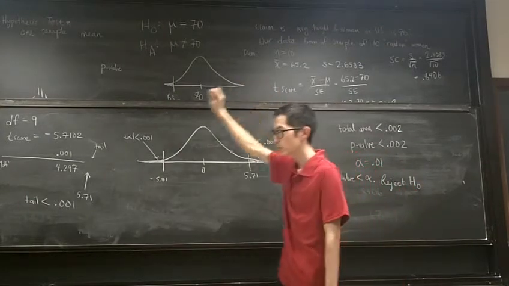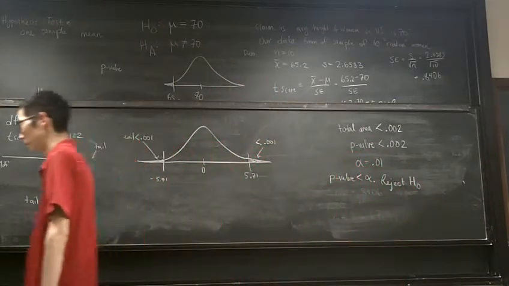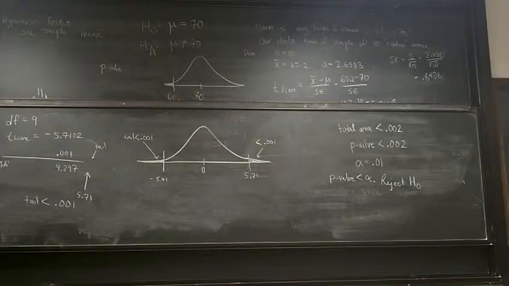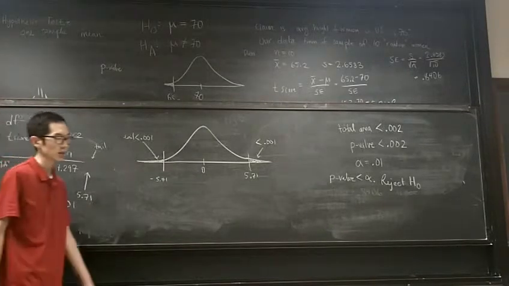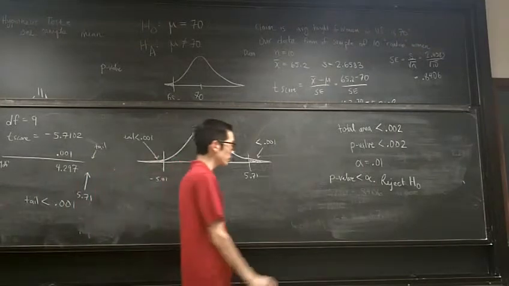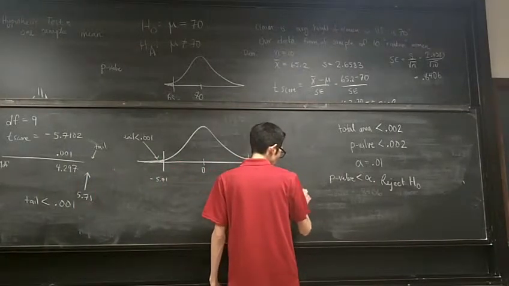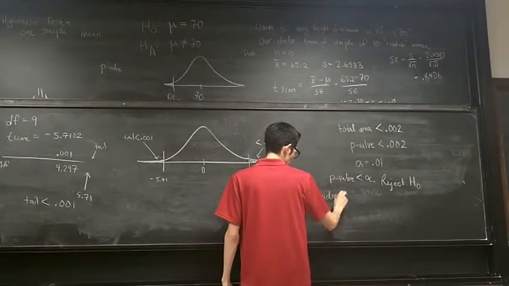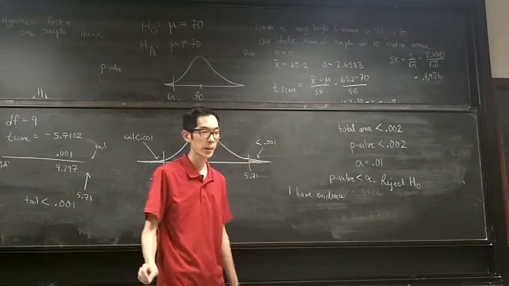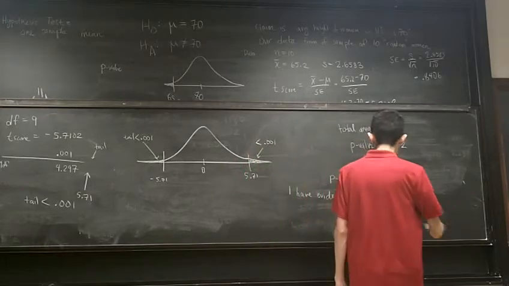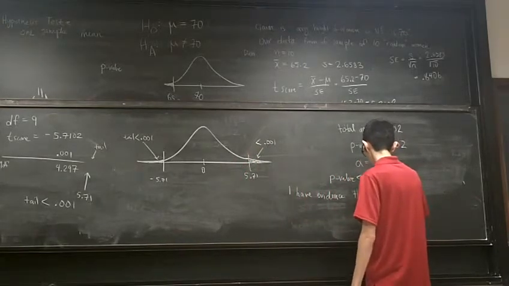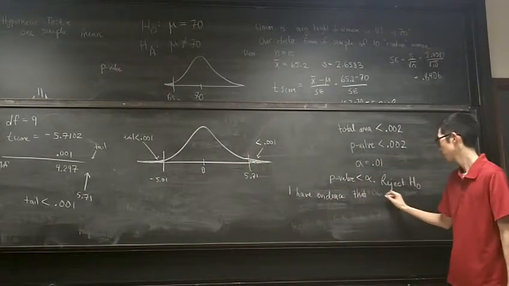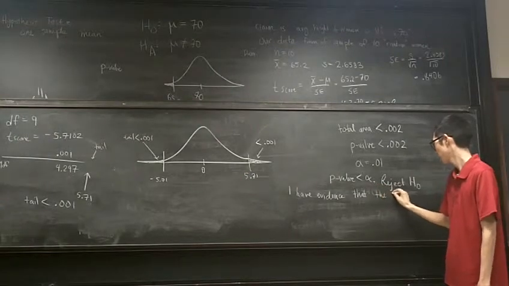My null hypothesis was that mu equals 70. So if I've rejected the null, what does this mean? This means I do have evidence. I have evidence of what?